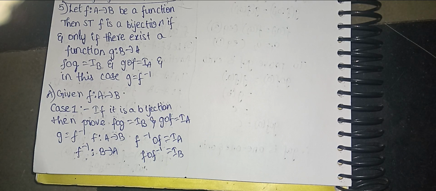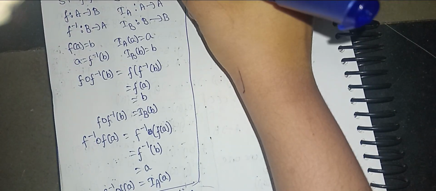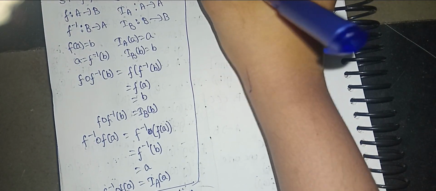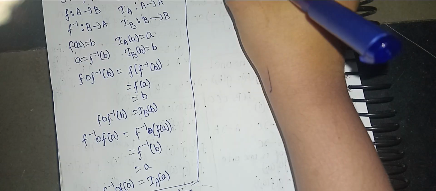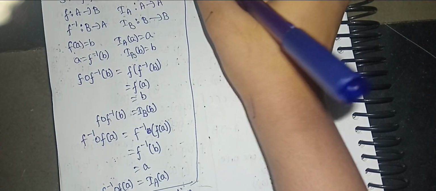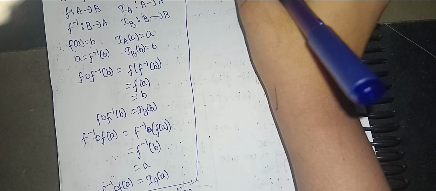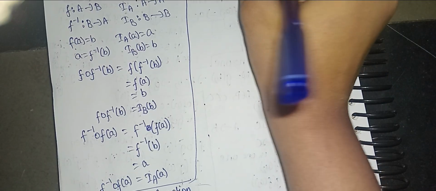Now take g is equal to f inverse. Then g circle f is equal to IA and f circle g is equal to IB.